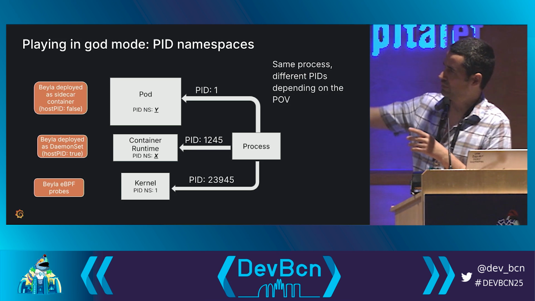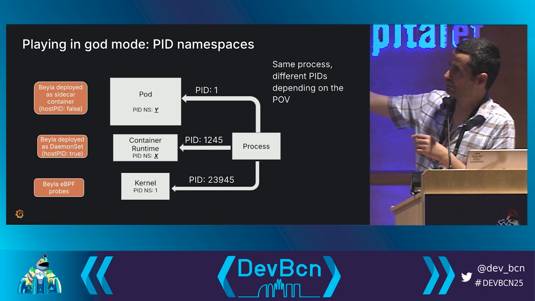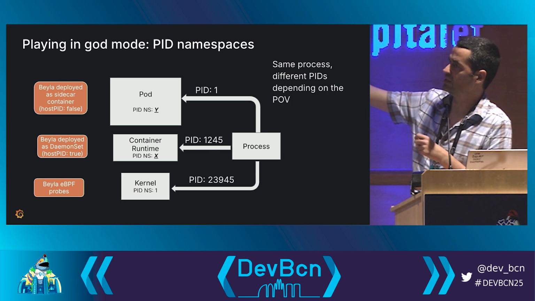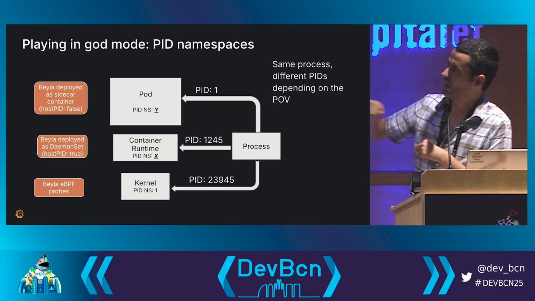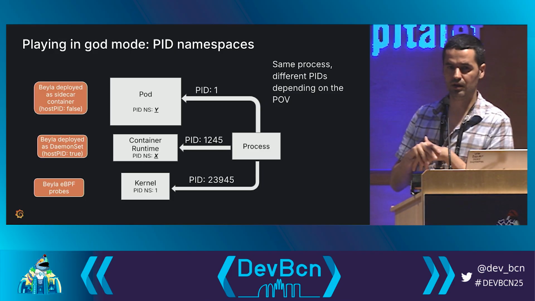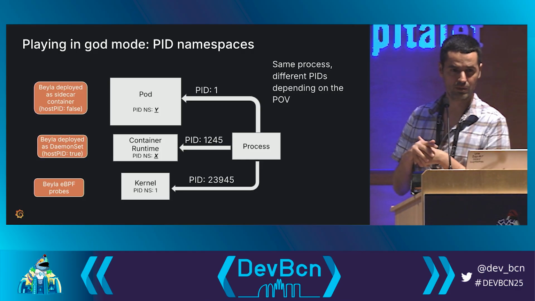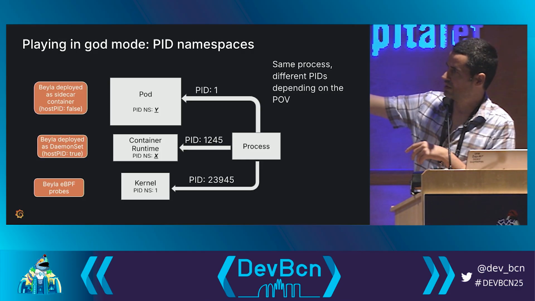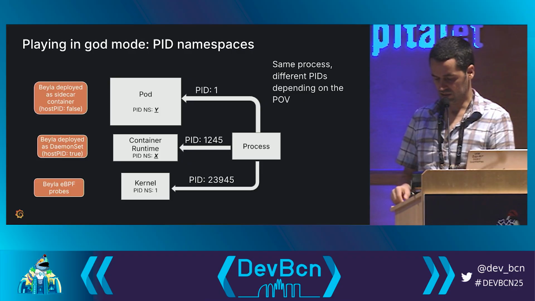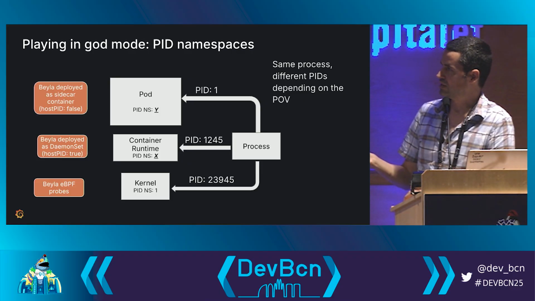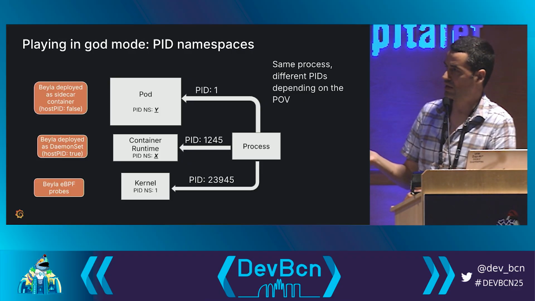How do we know that PID 1245 belongs to this container runtime and it's not another process running in the kernel? Probably in the kernel there is another PID 1245 that is not this one, but another process.